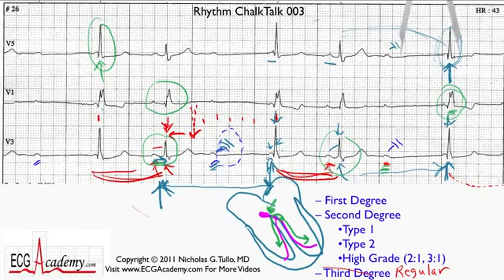Remember, this is the same patient who had type 2 before. You have a hemifascicular escape beat that makes the PR appear to shorten, but it's not really conducted. And that's really the nutshell of this tracing.